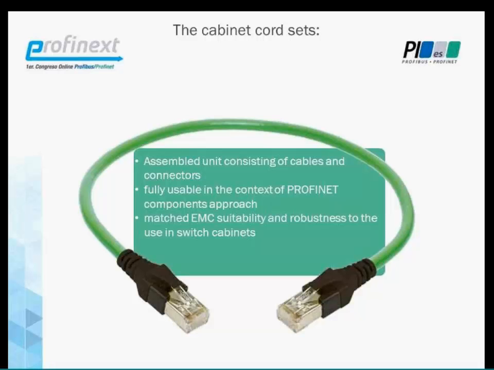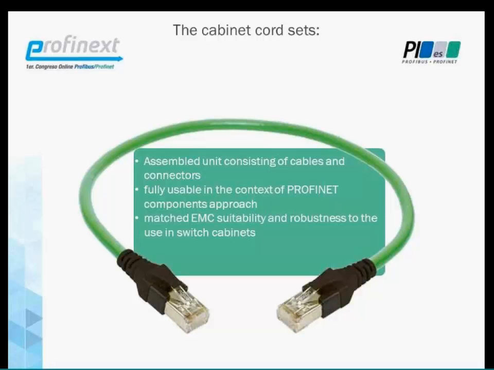There you can use pre-assembled cables. But these pre-assembled cables have to be capable to be used inside industrial environment. And this is the reason why we have realized the cabinet cord set. These are cord sets for Profinet, and they are fully usable in the context of the Profinet component approach I will show later on.